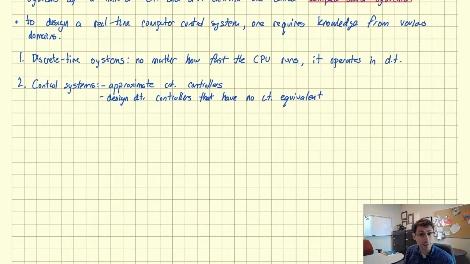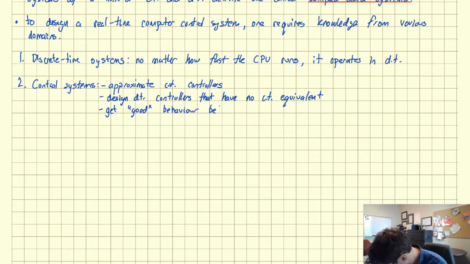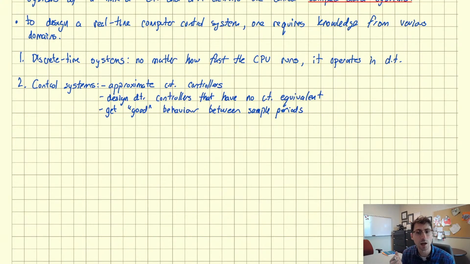So we're going to be able to design things in discrete time that you can't do actually in continuous time. And we want to get good behavior between sample periods. Okay, and those are topics that we're going to cover in this course, all three of those topics.